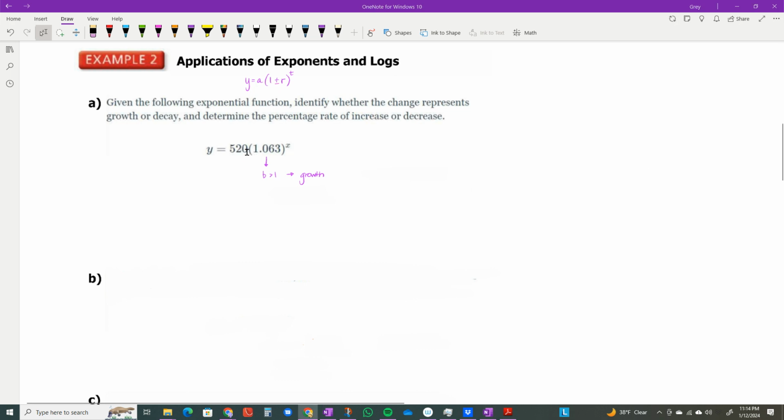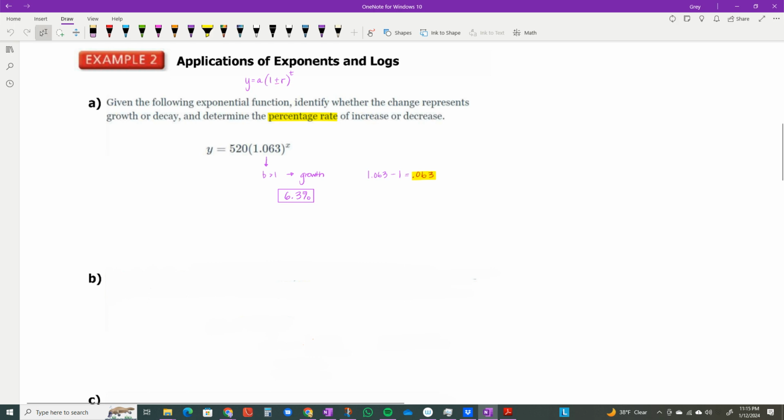So I just need to subtract 1 from that. So I'm going to subtract 1 from my 1.063 and find out that it's 0.063. And so to find the percentage rate of increase or decrease, you have to change this decimal to a percent. So my answer is going to be 6.3%.